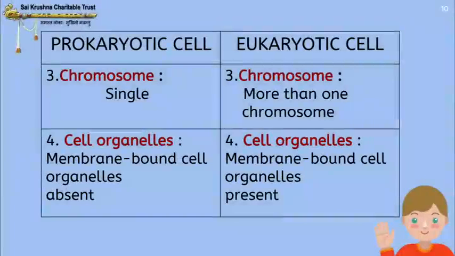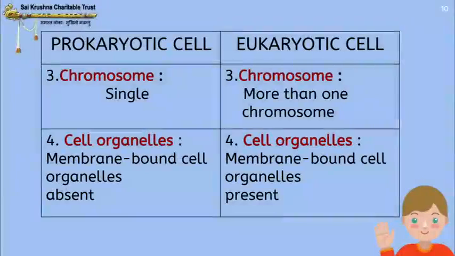The difference between prokaryotic cell and eukaryotic cell on the basis of chromosomes. Prokaryotic cells contain a single chromosome, whereas eukaryotic cells contain more than one chromosome.